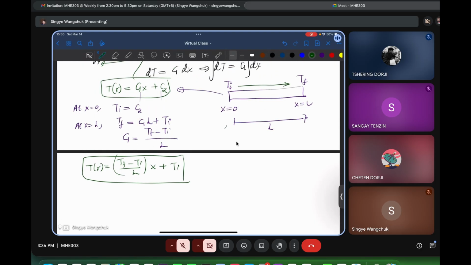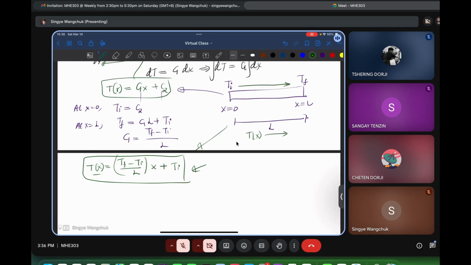This equation will describe how my temperature varies along the x direction.